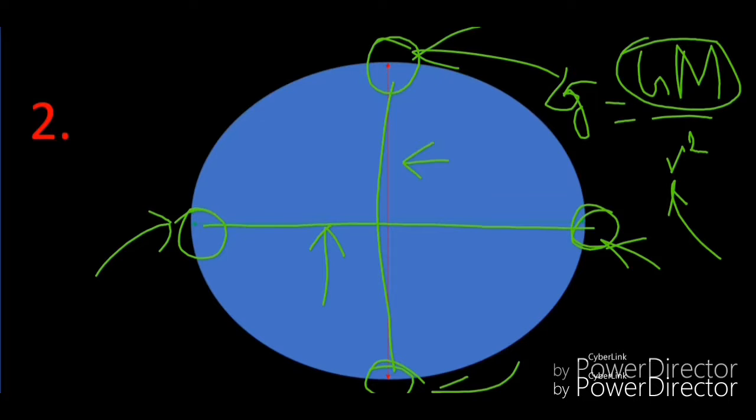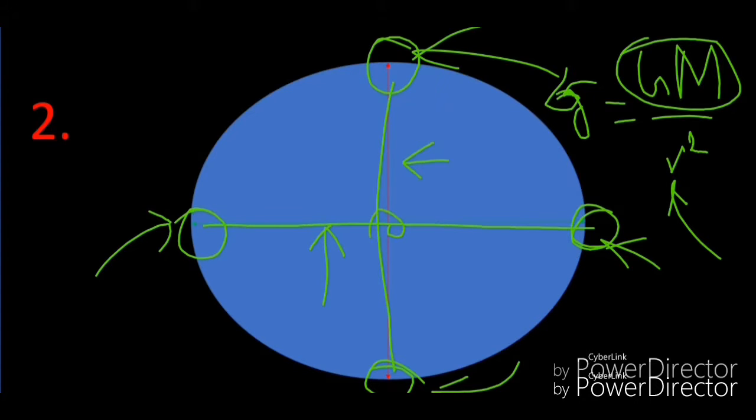So when r is greater, g will be lesser, and when r is less, g will be greater. Or when the distance of the object from the center of earth is lesser, the gravitational acceleration will be greater.